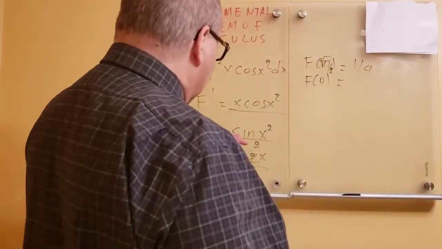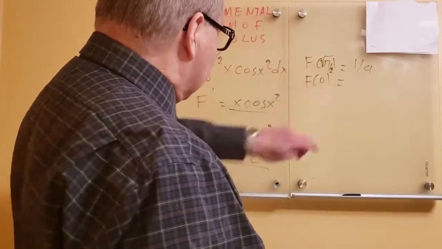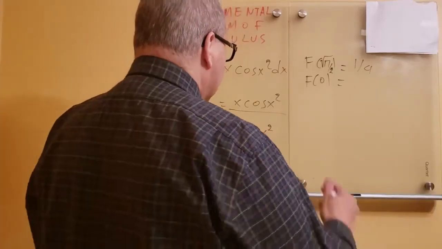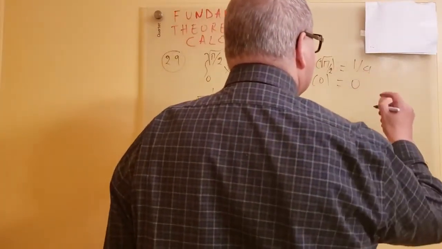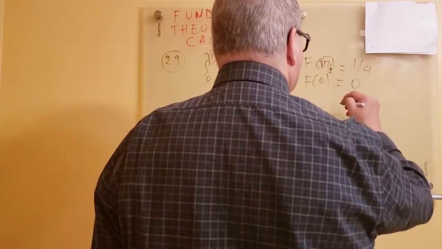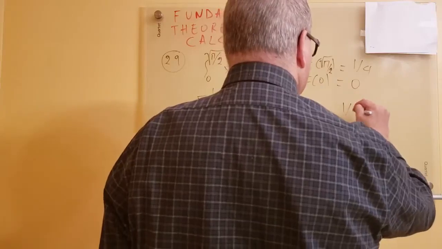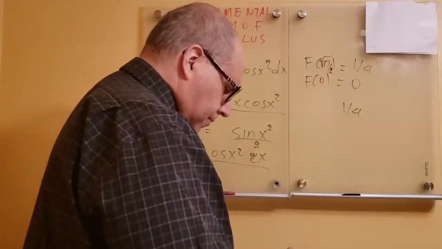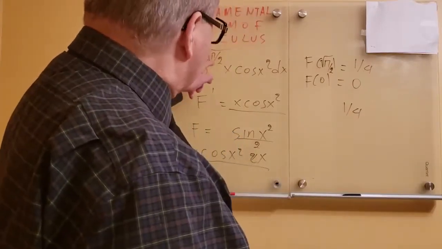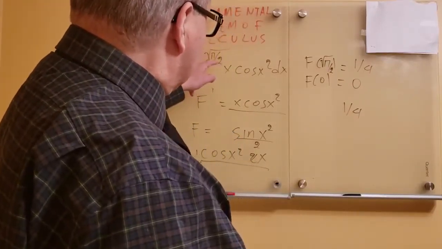And then you have to evaluate at 0, so the sine at 0 is 0, so all of this becomes 0, so the final answer is actually 1/4 minus 0, so it's 1/4. Sorry about that. Here it was square root of pi over 2.